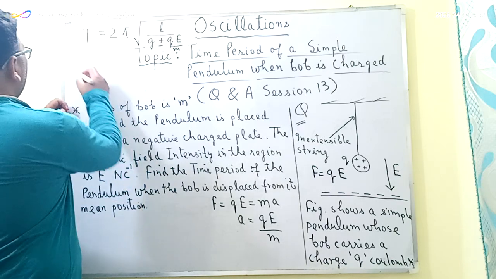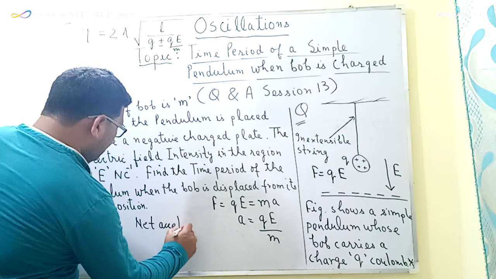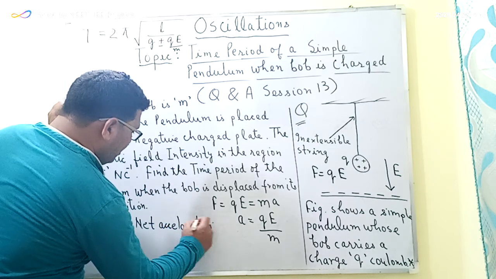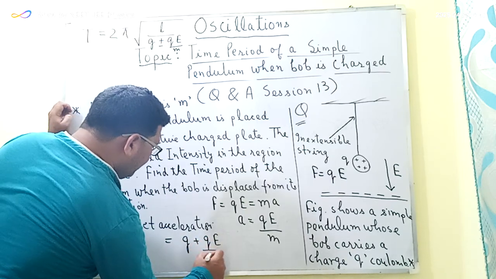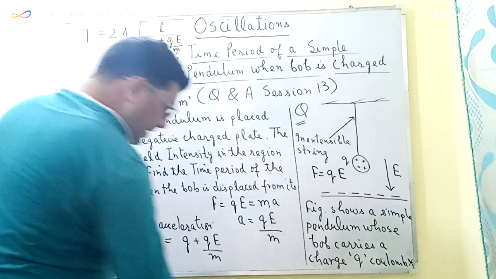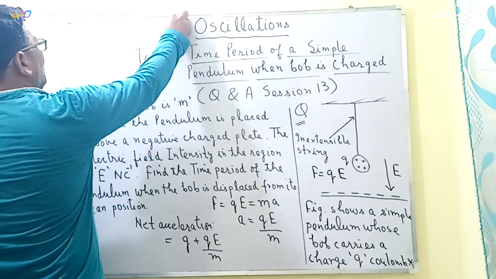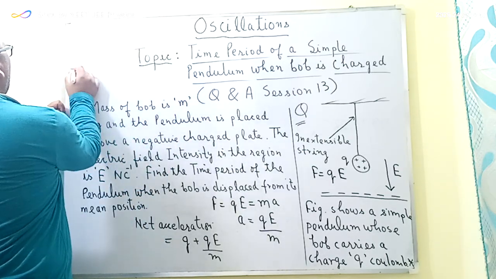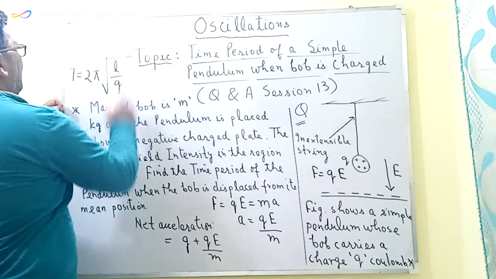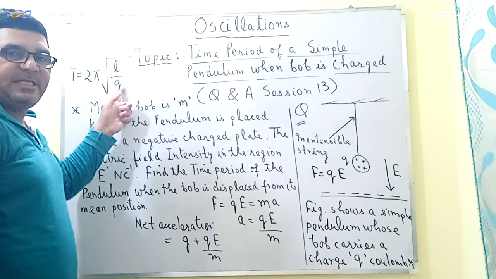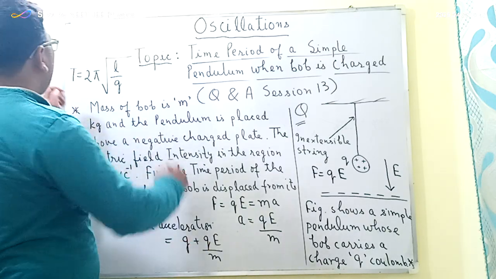So the net acceleration will be equal to G plus QE upon M. Now we know that the time period of the pendulum is given by the formula T is equal to 2 pi under root L upon G, where G is the net acceleration. So in this case, the value of the net acceleration is equal to G plus QE by M.